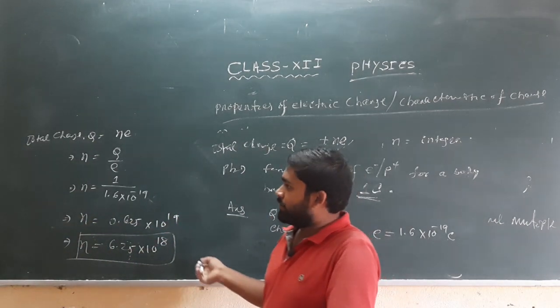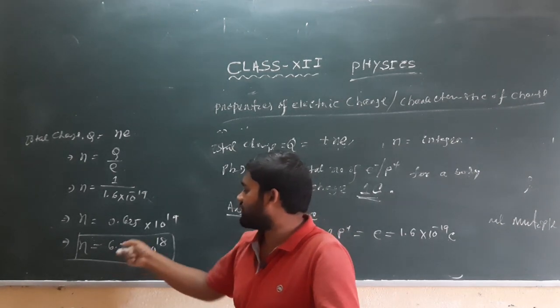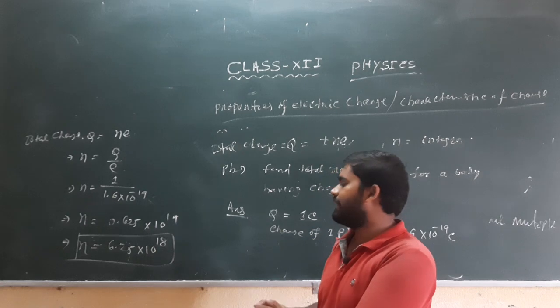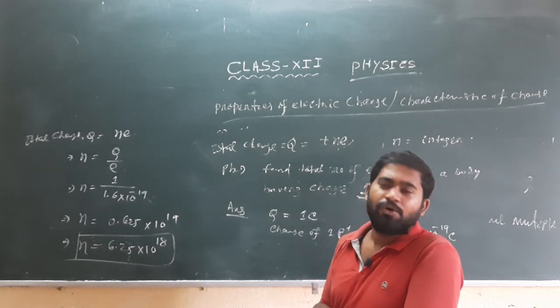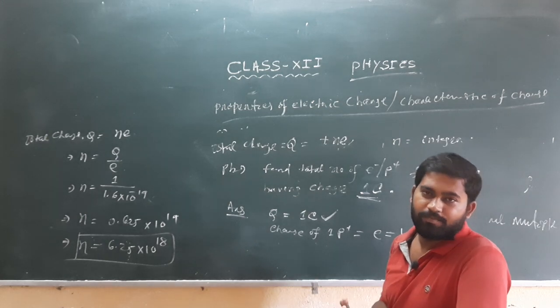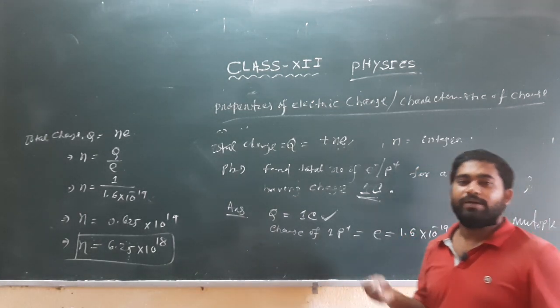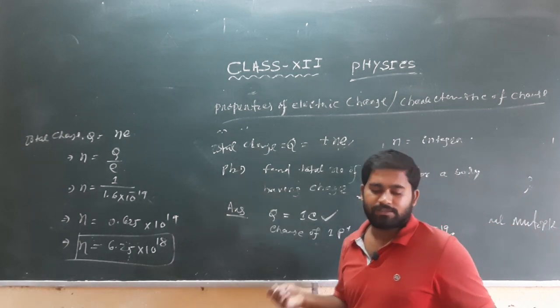So 6.25 into 10 to the power 18 electrons or protons will constitute a charge of 1 coulomb. That is called discrete nature or quantization of electric charge.